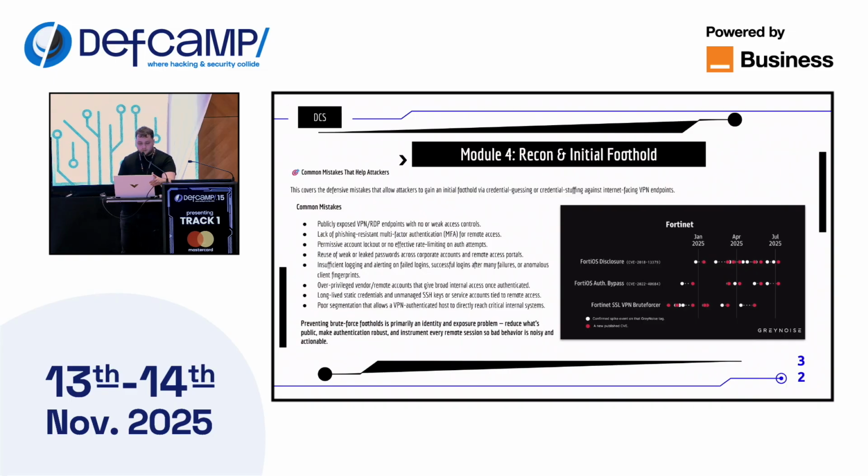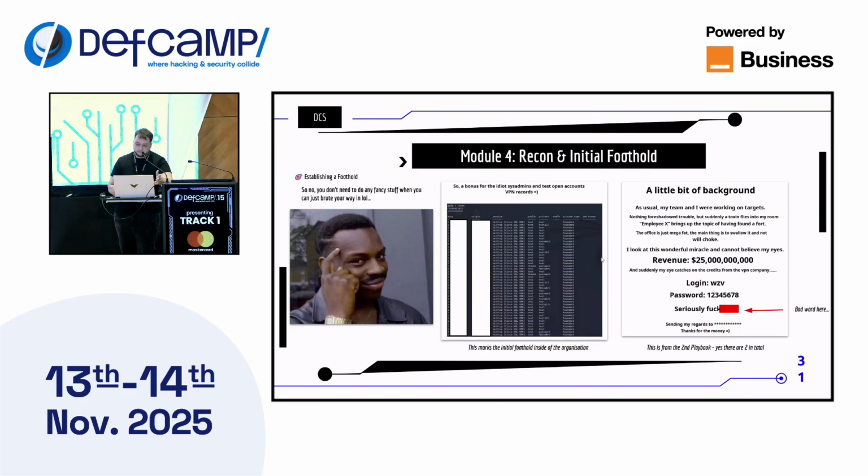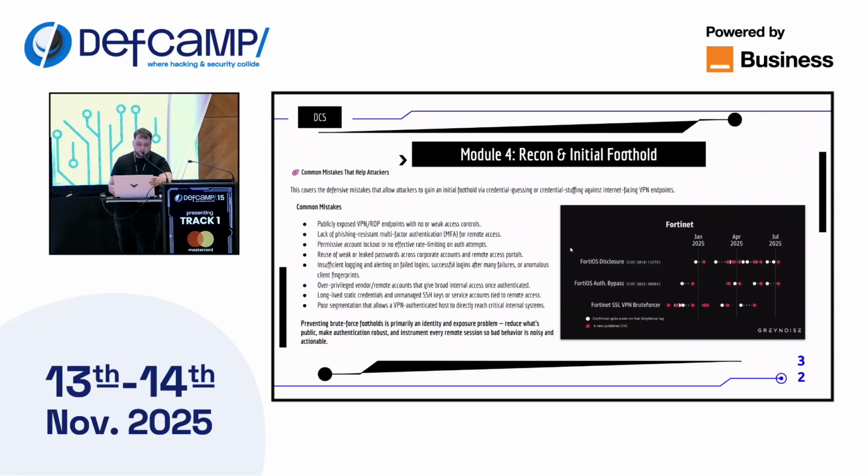And some common mistakes that help the hackers. Well, as you saw: publicly exposed VPN endpoints with no or weak access controls, lack of MFA, because, for example, if they guessed the credentials and MFA was in place, it would have blocked them, reuse of weak or leaked credentials, insufficient logging and alerting on failed logins, and poor segmentation.